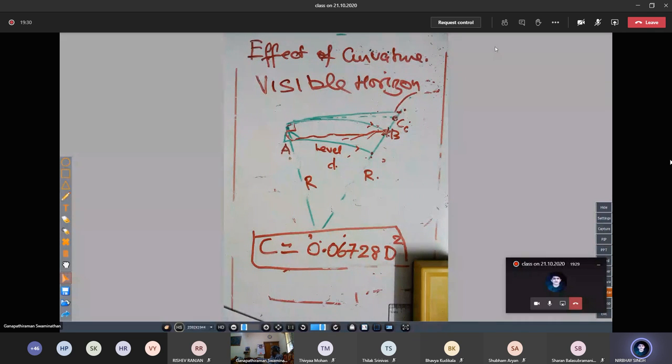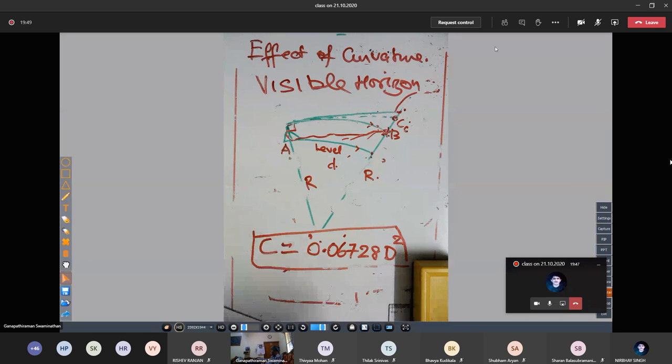What is the least count of your level staff? 0.005, no? Yes, sir.